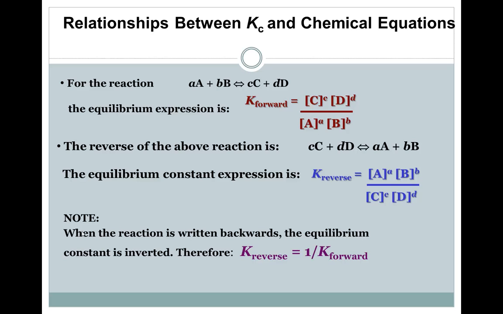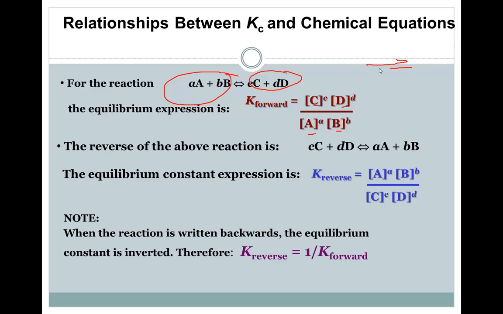So let's explore the relationship of the equilibrium constant and the chemical equations. For the reaction A plus B yields C plus D, the equilibrium expression is the C and D over the A and B. C, D, the right side over the left side. But what about the reverse reaction? Because remember, these are all reversible. They go one way, they go forward, and they also go back to the left.